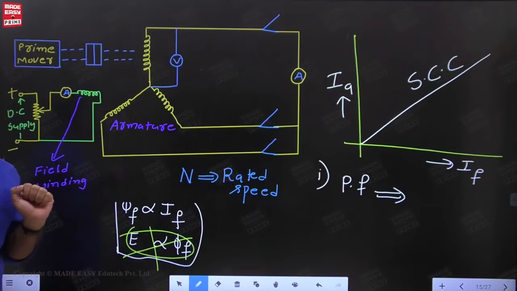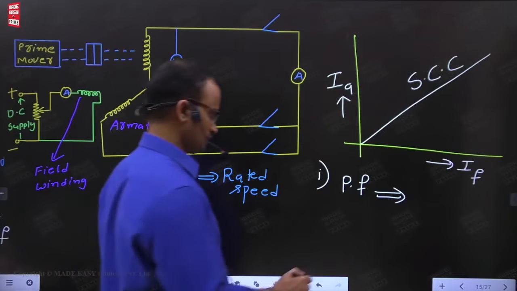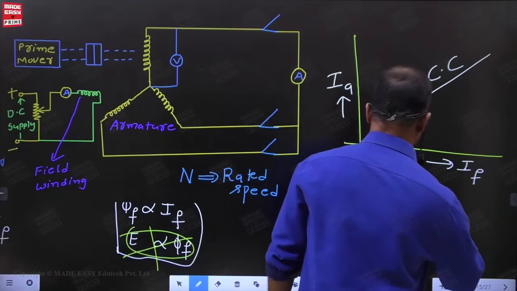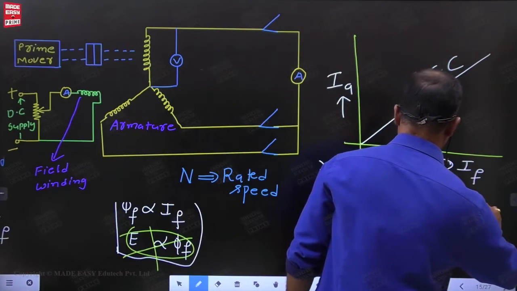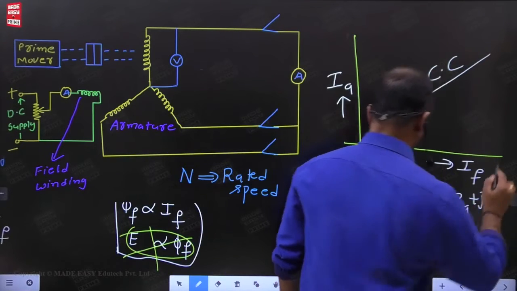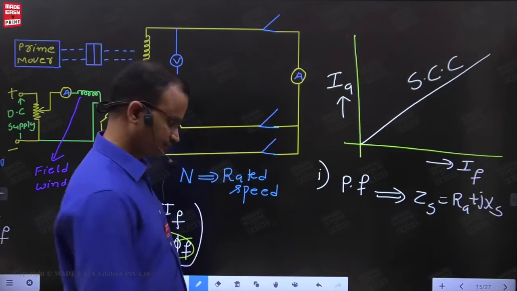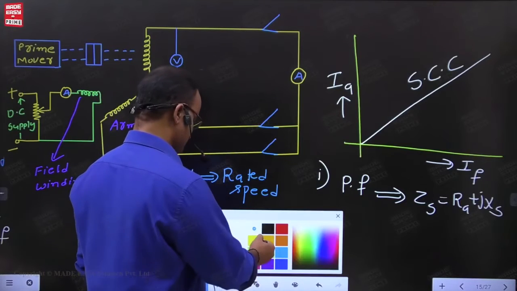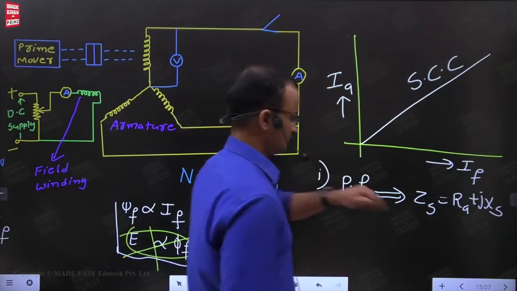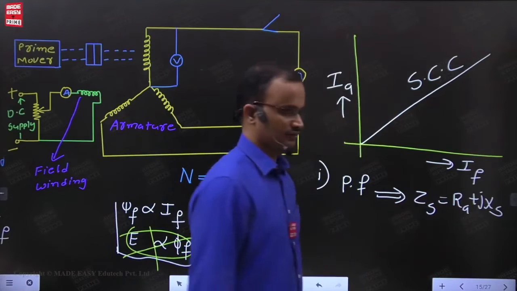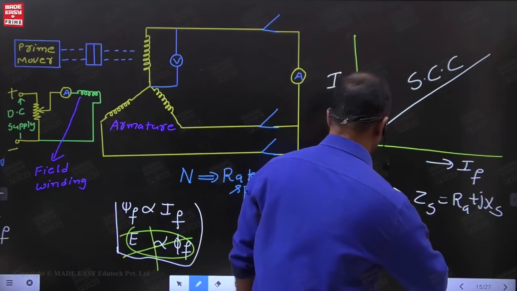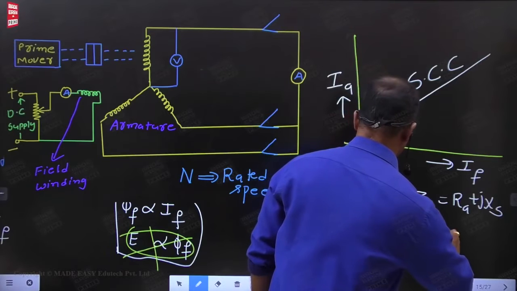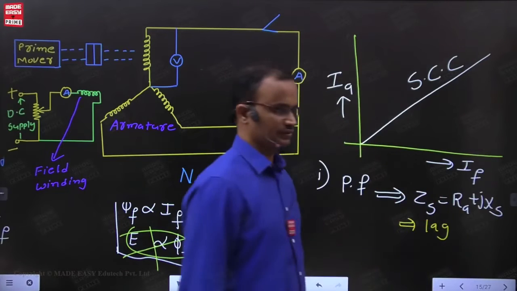Corresponding to the internal parameters, we can conclude this way: Zs is equal to Ra plus jXs. That means in this example it is the combination of resistor and inductor. Then the nature of the power factor for this one is lagging, inductive nature.